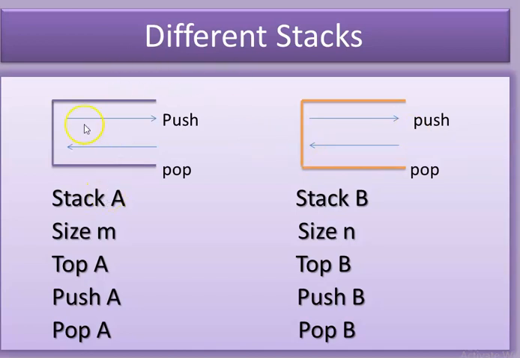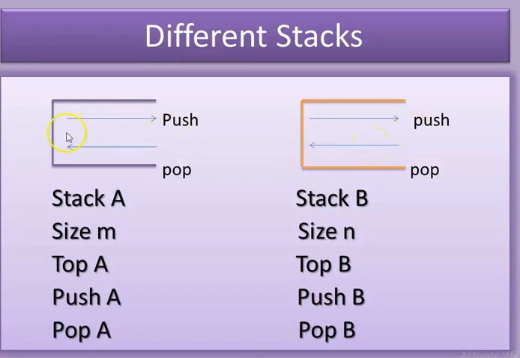Suppose the maximum size of this stack be 5 and the maximum size of this stack be 6, for example. Then the indices of this stack will range from 0 to 4 because the size is 5, and here it will be 0 to 5 because its size is 6.